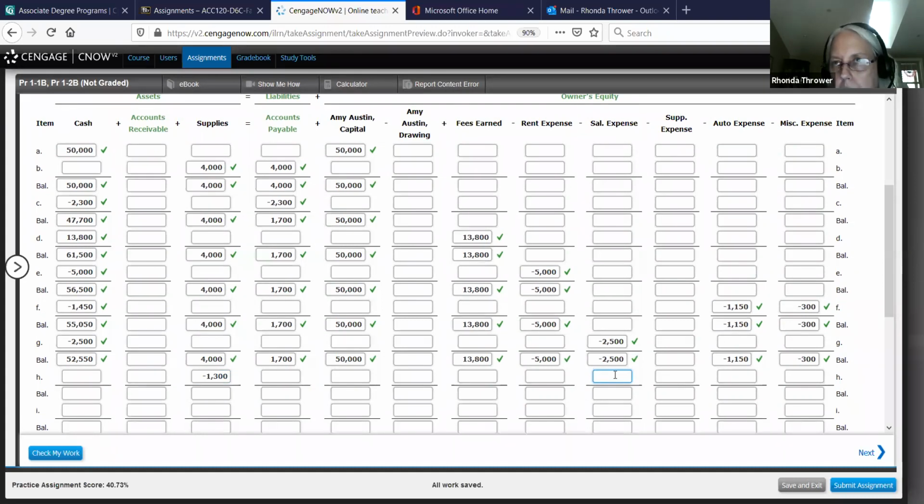My supplies expense will actually be increasing, but expenses overall will decrease owner's equity. What we're showing in this accounting equation is how owner's equity is affected. So by using up $1,300 of supplies, it affected our owner's equity negatively because our supplies expense was affected. Our owner's equity was affected negatively because expenses decrease owner's equity.